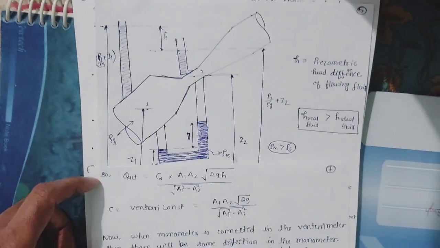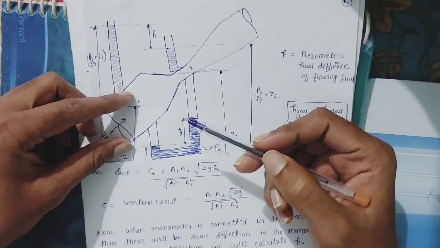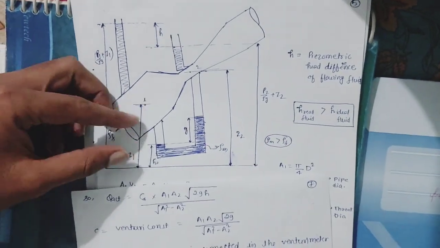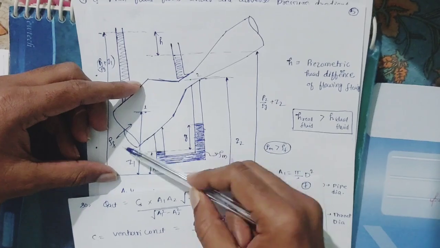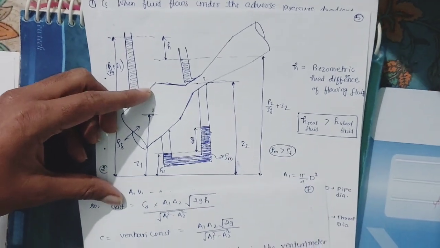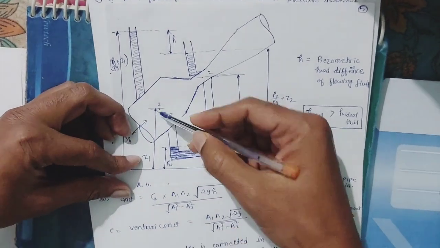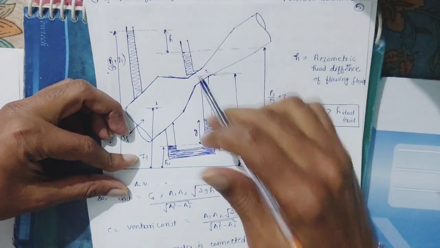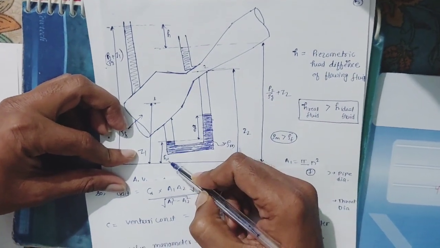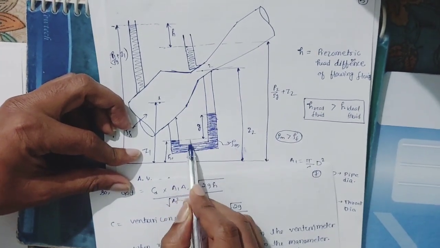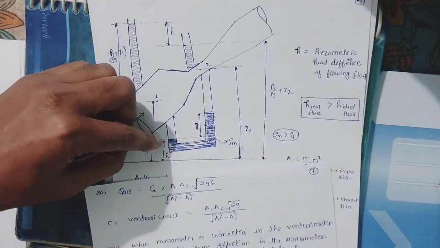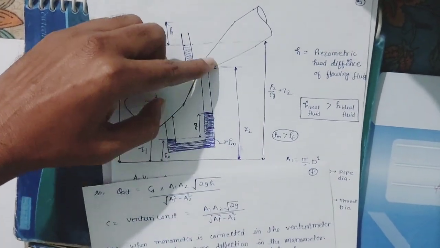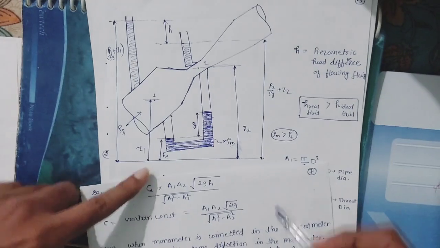So by solving this, P1 plus rho f into g into this distance, which will be Z1 minus H0. Here this fluid is flowing, so rho f. Here I am taking a reference line, so when going down it will be positive, and when we are going upside, then it will be negative.